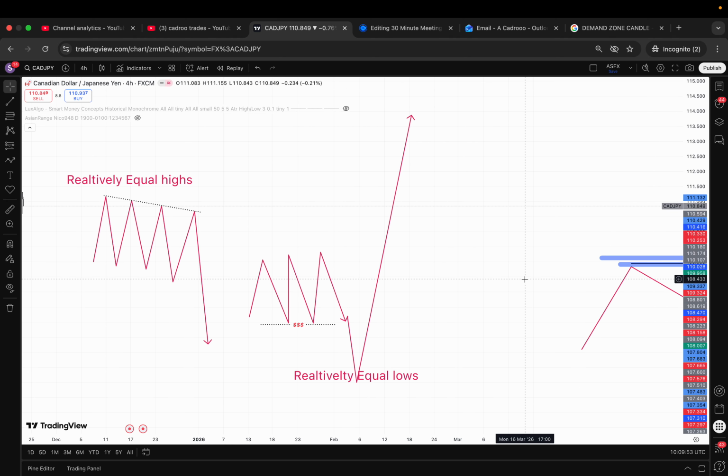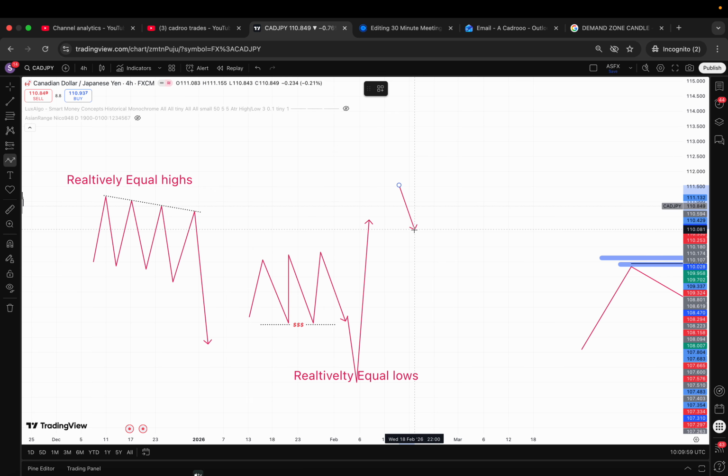Then we have trendline liquidity. We have what we call trendline liquidity. This is the most common one.